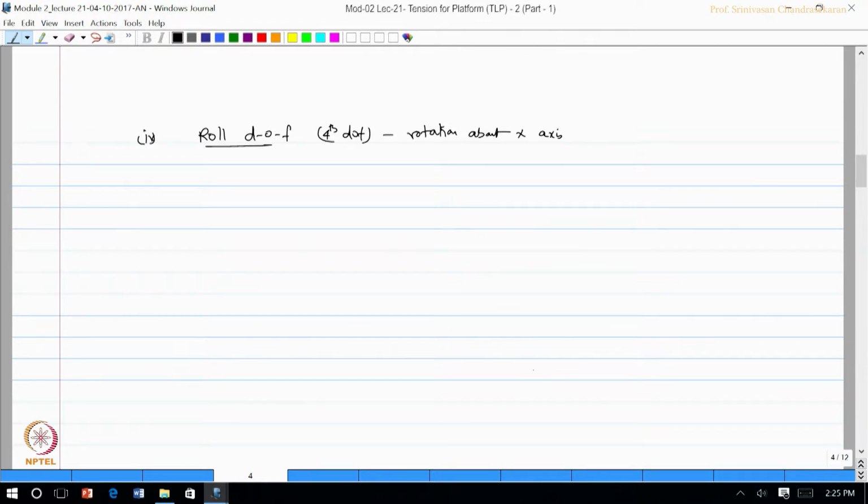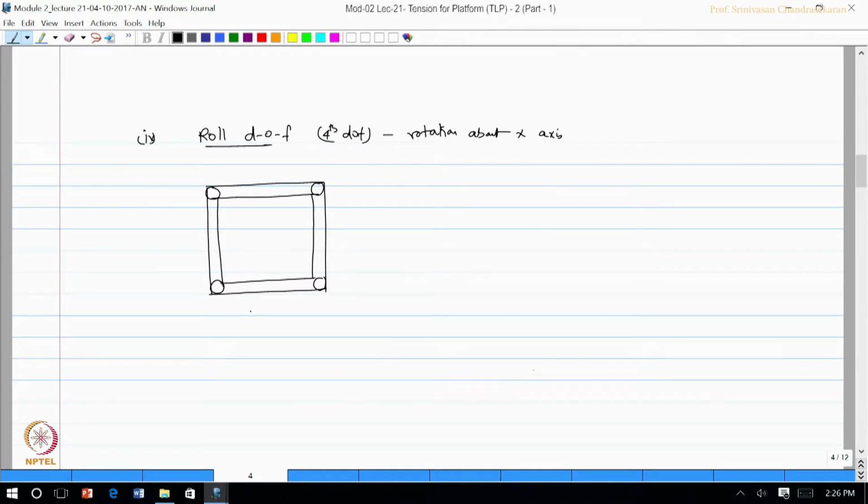Let us say I have a TLP whose deck consists of 4 column members connected by the pontoon members on the top as well as the bottom.